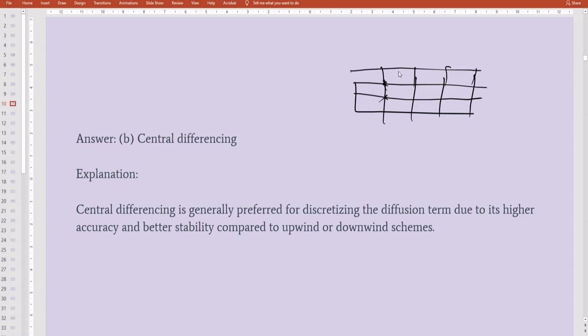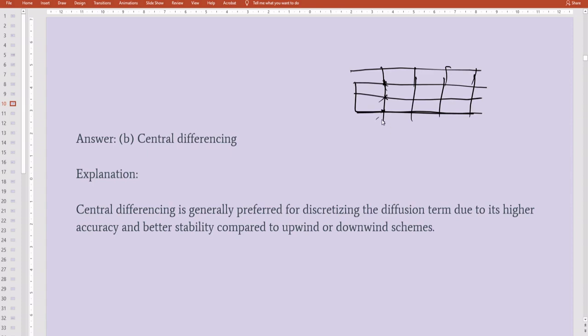That is, the immediate two front and back neighbors we can take. But at the boundaries, suppose this is the boundary, here we can't apply this central difference scheme because when we are considering this point, the next term is not there.